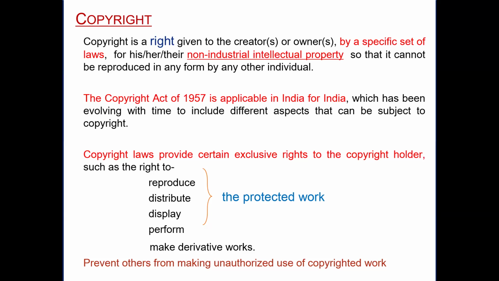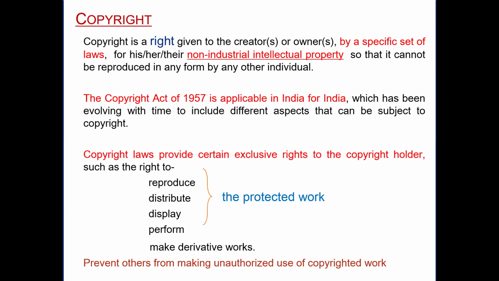So why is this right given? This right is given so that some other person cannot reproduce it for his financial benefit without your consent. Consent means written consent, legal consent, or legal bindings between you and him or her.